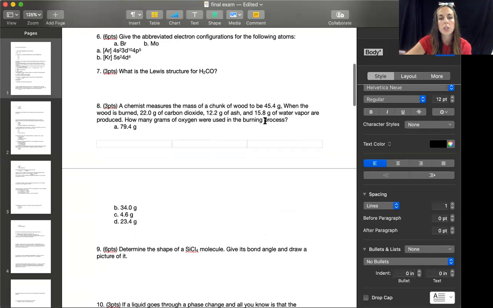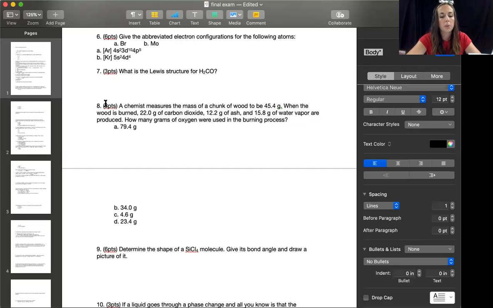Okay, so what I need to do is see what I started with, which was 45.4, see what I ended with, which was all these numbers, right? And I know that I started with wood and oxygen. So I need the mass of all of my products, my carbon dioxide, my ash, and my water to equal the mass of the wood and the oxygen that was used. So what I'm going to do is add up all my products first.